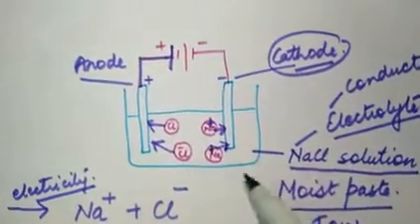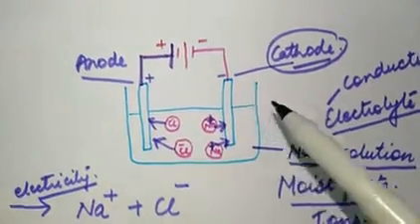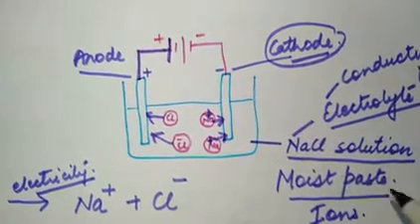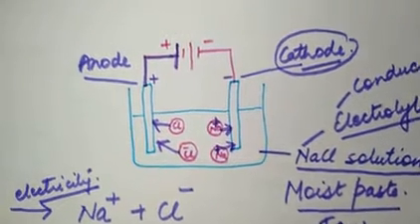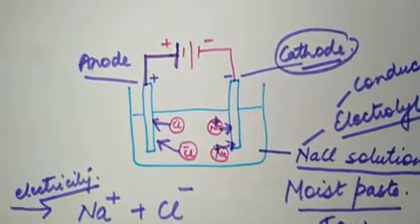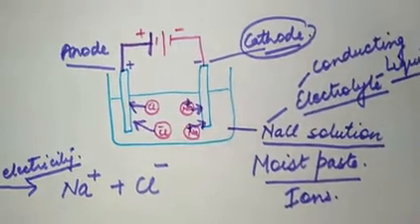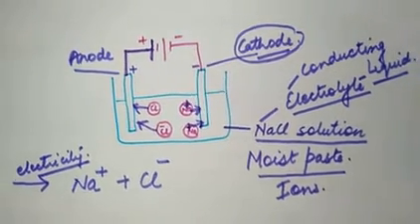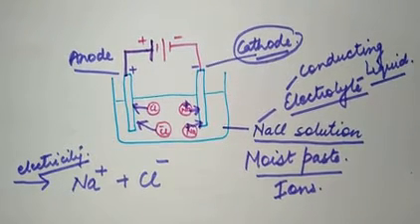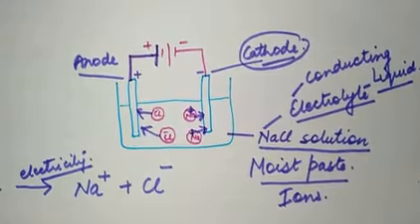Now we have seen how sodium chloride solution is going to conduct electricity. It is going to divide into its ions. We have learned that liquids can conduct electricity, but only the liquids that have ions are going to conduct electricity.